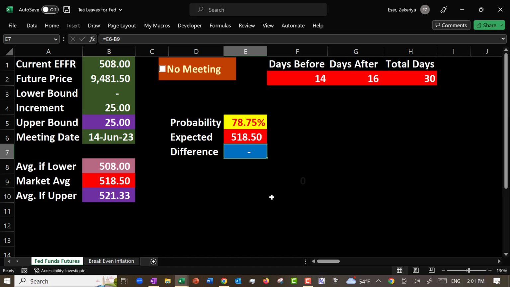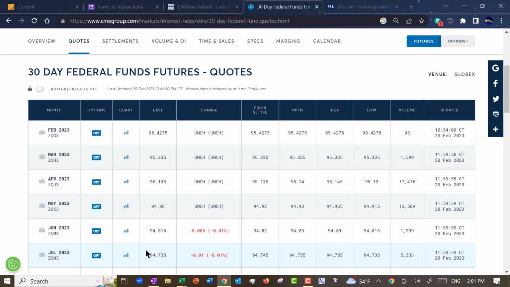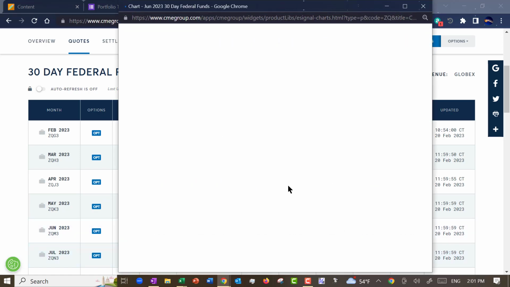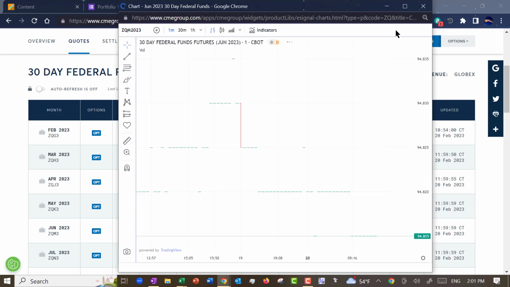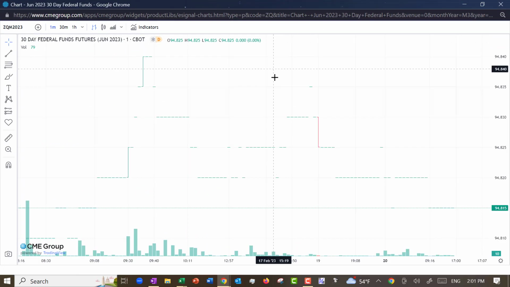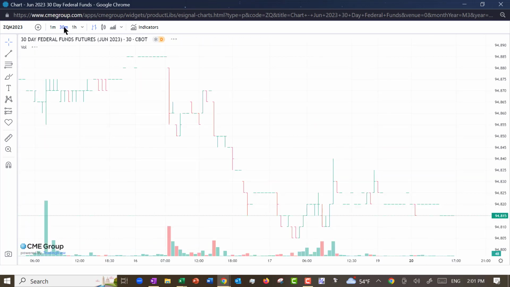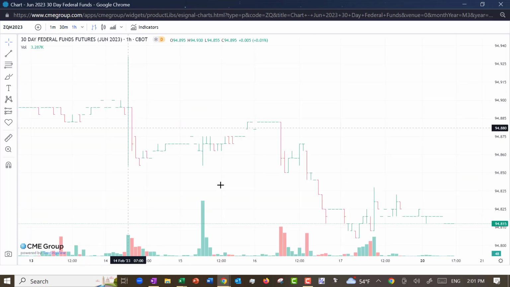But it's not a sure bet. And that number has kind of changed. I mean, let's look at the June contract where it was trading about a month ago. Let's do 1 day.